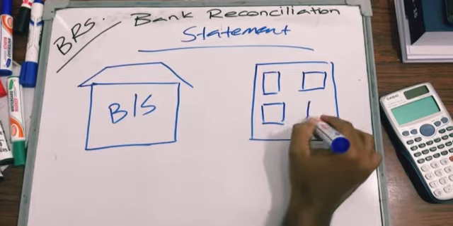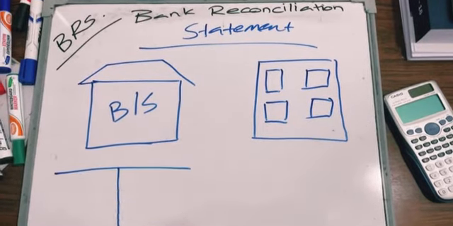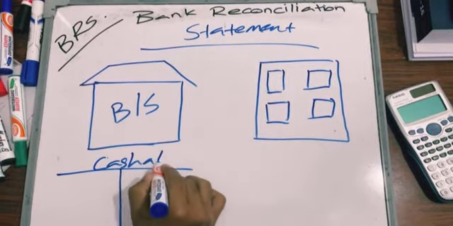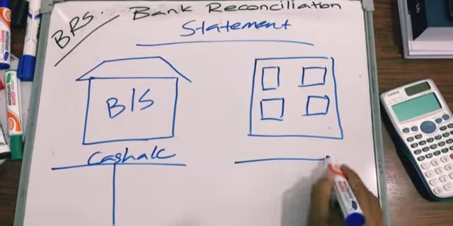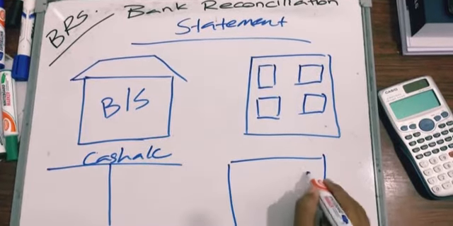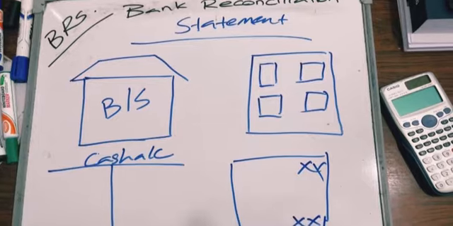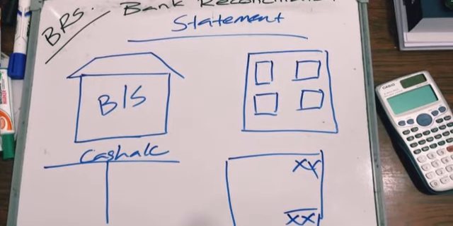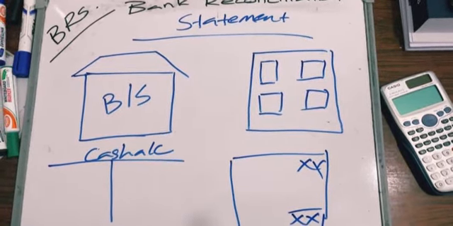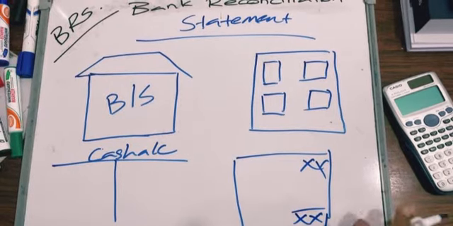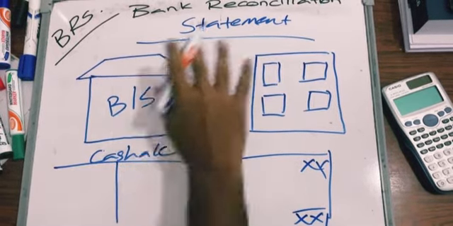That is, the cash book balance or the cash account balance will vary with the bank statement balance. There are multiple reasons for the variations. We'll see about them later. I'll just give you a general picture of the bank reconciliation statement.